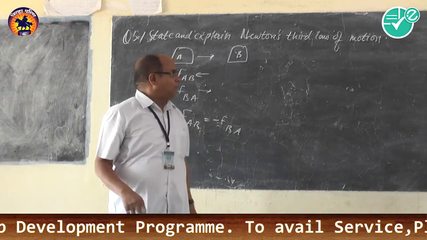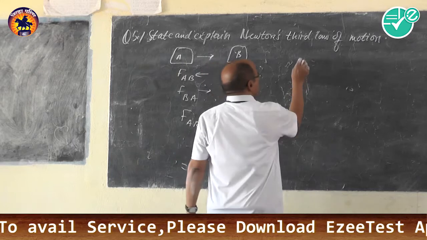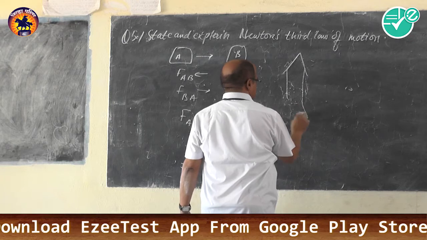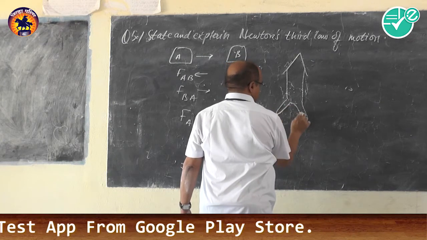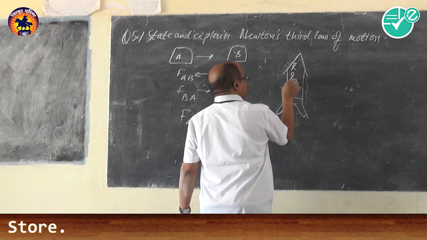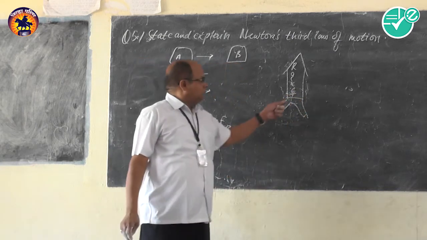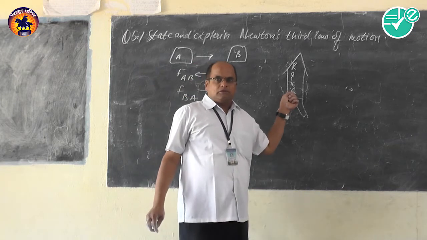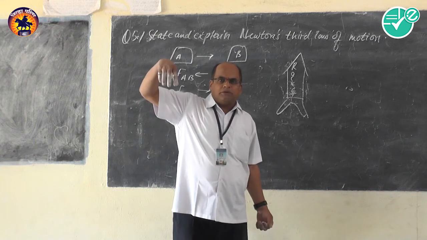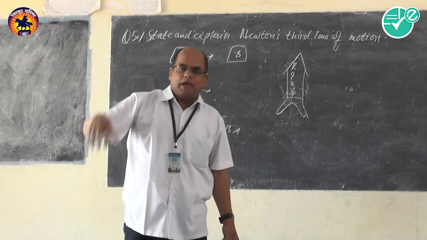Second example of Newton's third law of motion is the rocket. Here, the fuel in the rocket is pushed downward from a tiny hole with tremendous pressure and speed.